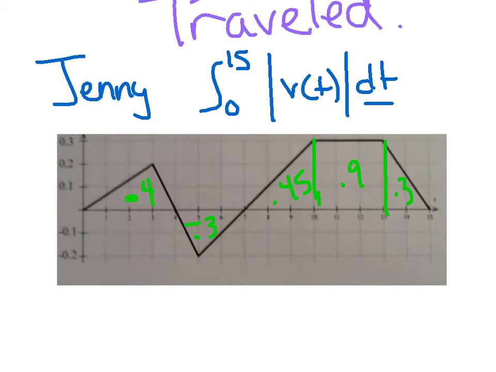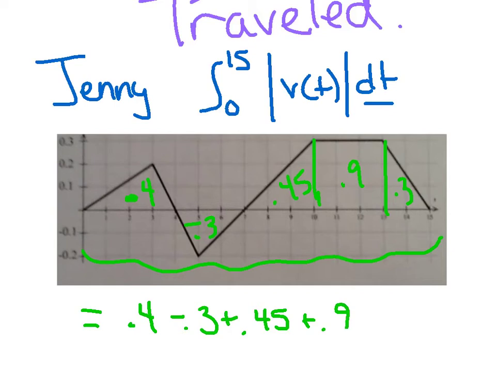So if I want total distance traveled for Jenny, I'm taking the absolute value of all these areas. So I'm going to say that integral is equal to 0.4 minus 0.3 plus 0.45 plus 0.9 plus 0.3. And remember, I want to take this guy's absolute value, so I'm actually making it a positive value.